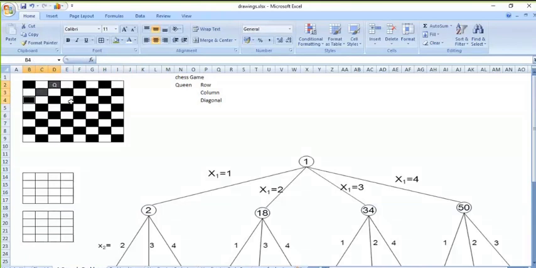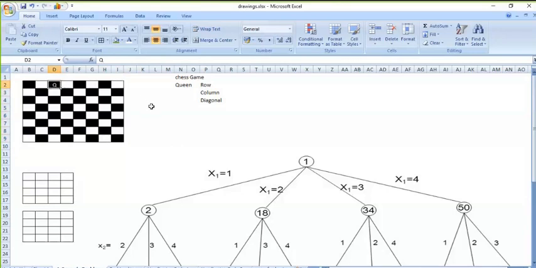Now think of a chessboard, or a game wherein there are n queens. Here n queens means if there is a chessboard of 8 cross 8 cells, then we can have 8 queens.